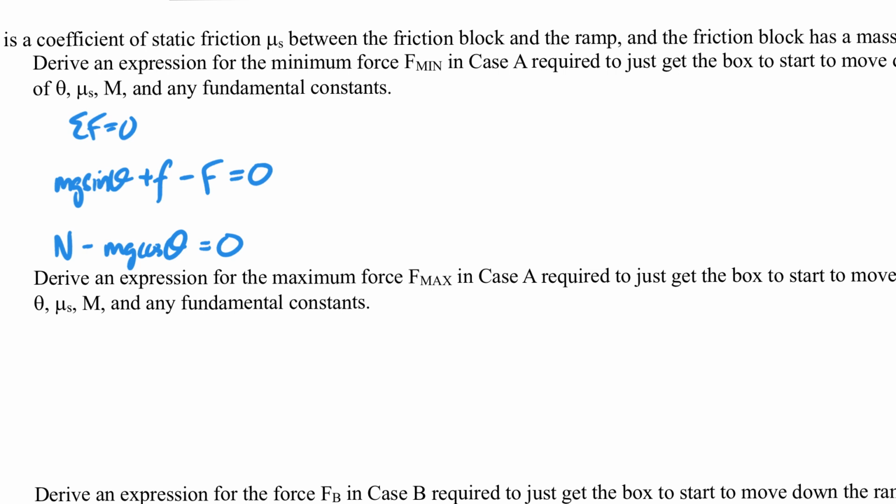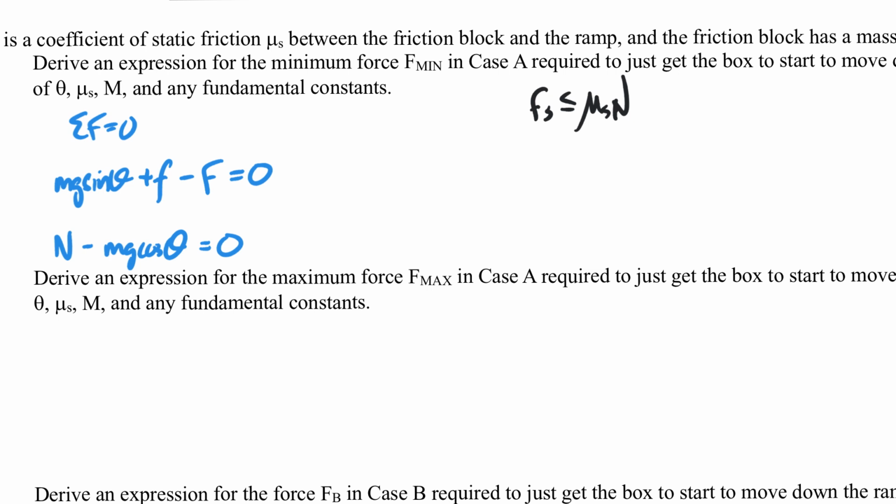So derive an expression for the minimum force in case A required to get the block to start to move. So we're looking for F, the capital F there. I do know that static friction is less than or equal to mu times normal force.